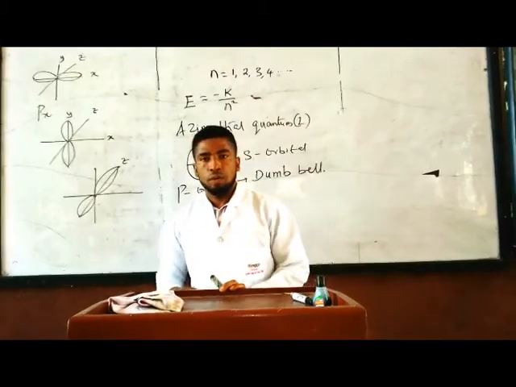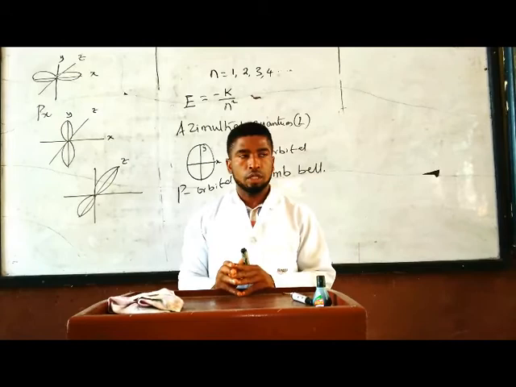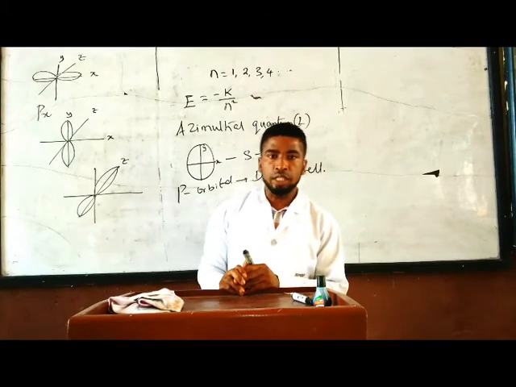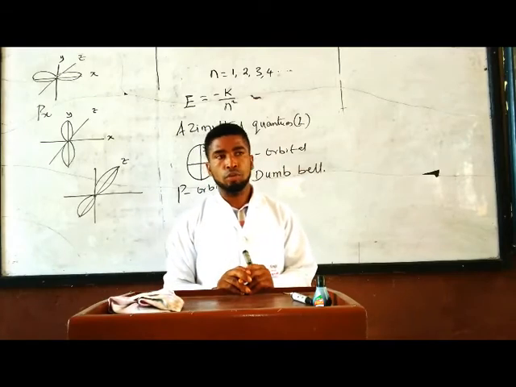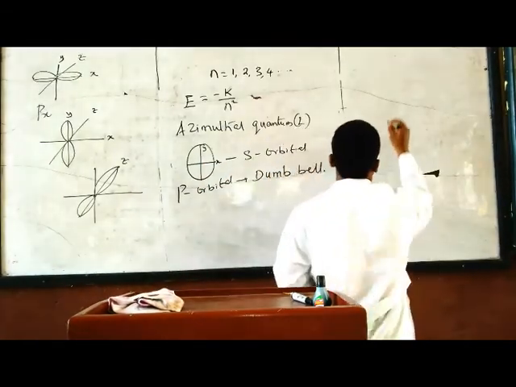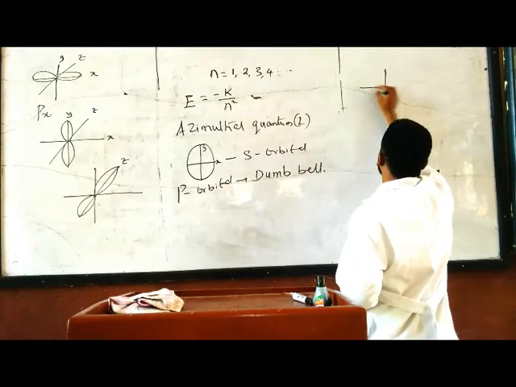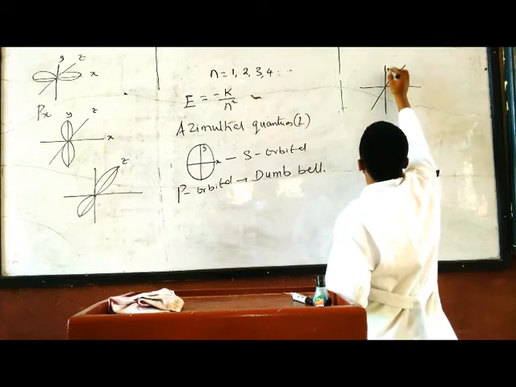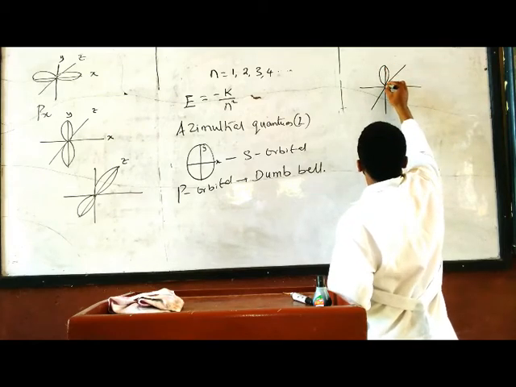Now, having known this, let us now look at d orbital. Now, d orbital is double dumbbell. And what do I mean by that? If you look at the structure of d orbital, we are going to have something like this.